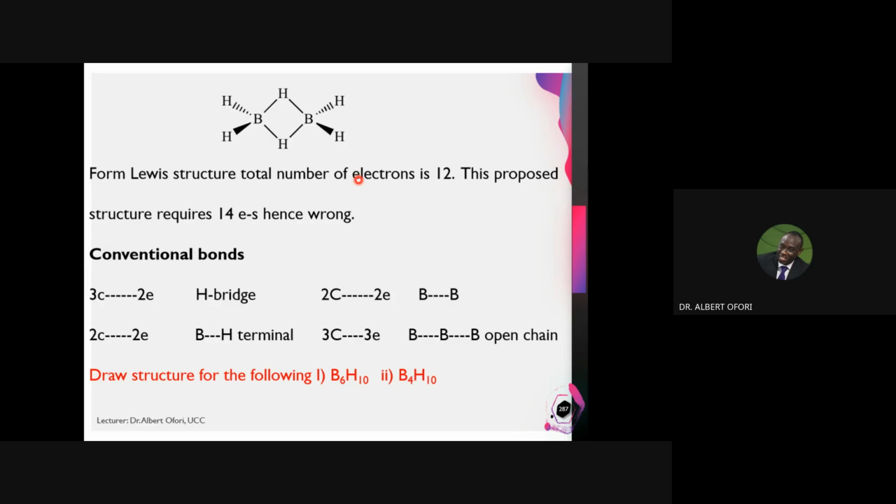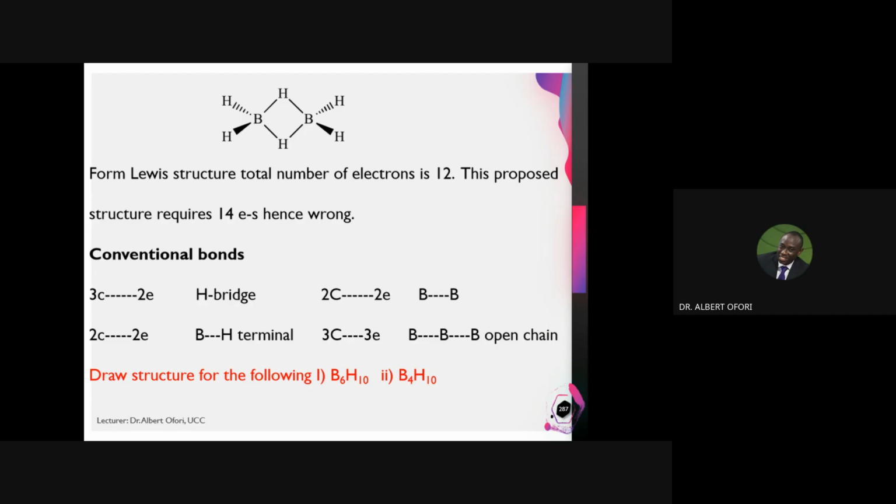Of course, we can predict more shapes of these boranes before I come to the preparations of boranes and then the reactions of boranes. Now, it means that if the number of borons is increasing, then we'll be having more cage-like systems.